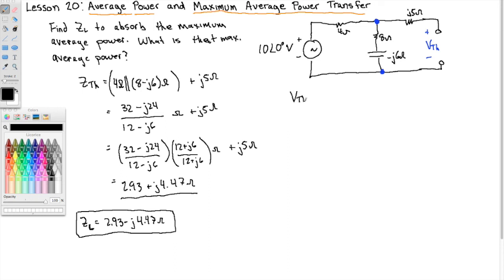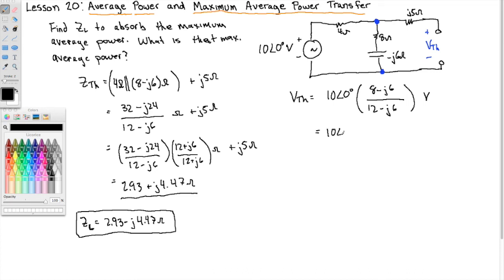So V Thevenin is 10 angle 0 degrees volts times (8 minus j6) over (8 minus j6 plus 4), which is 12 minus j6, in volts.